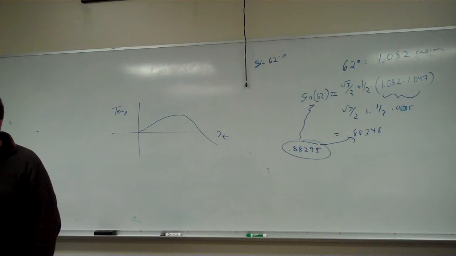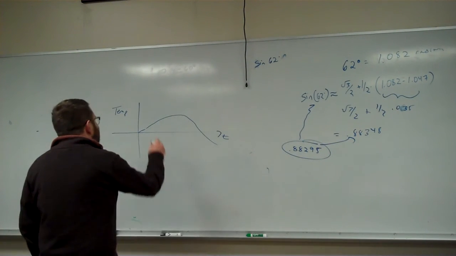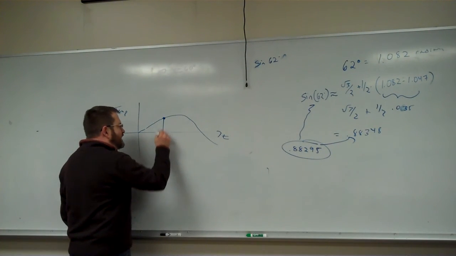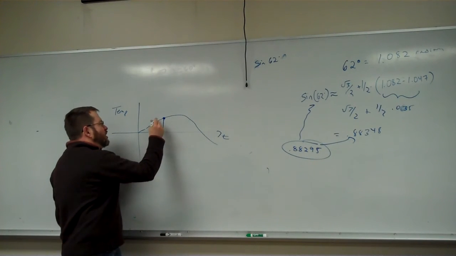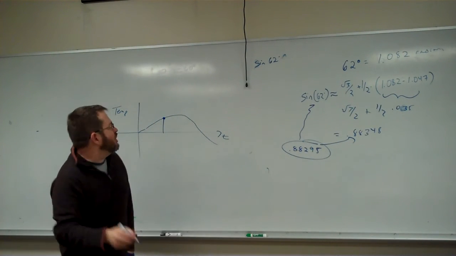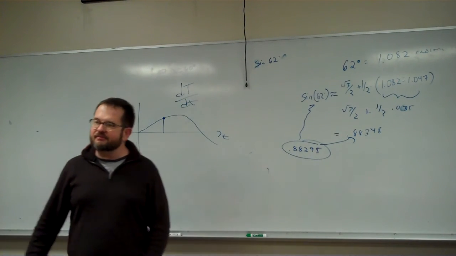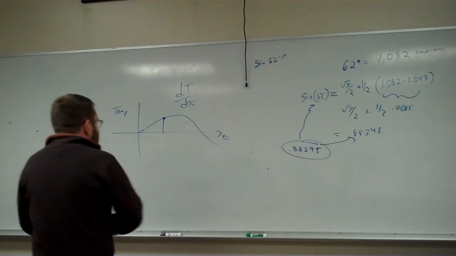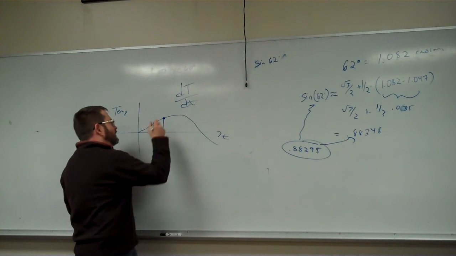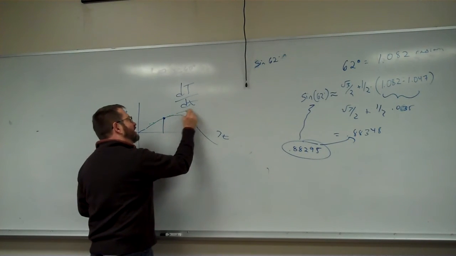How us meteorologists make forecasts is, at any given time where we know the temperature, we can talk about all the different forces that are causing a change in temperature with respect to time. That's the slope of this linear approximation right here.